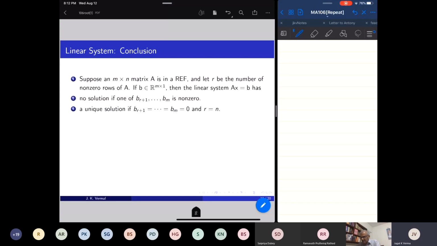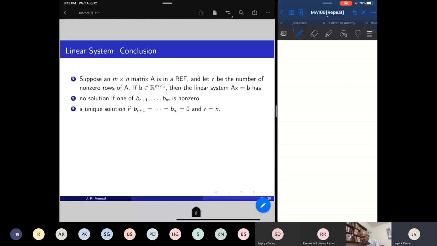So we will get a unique solution if the number of columns is the number of pivotal variables, because pivotal variables are determined in terms of non-pivotal variables. So if there are no non-pivotal variables, then pivotal variables are uniquely determined.